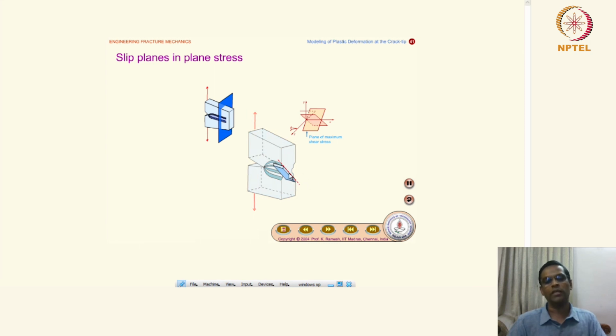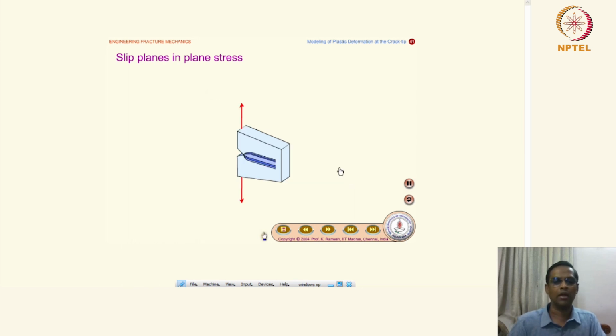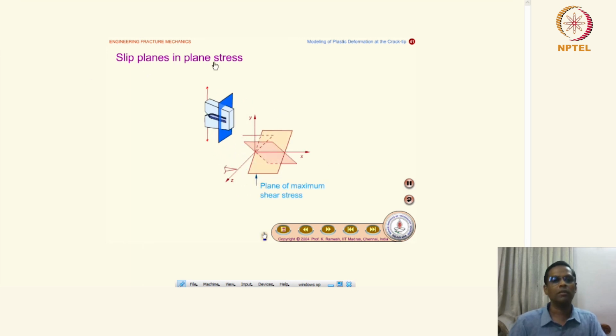That's how the plastic zone develops. So this is a nice schematic which gives a visual impact of how the crack tip plastic zone evolves. Okay, so these are slip planes in the plane stress, again the plane of maximum shear.